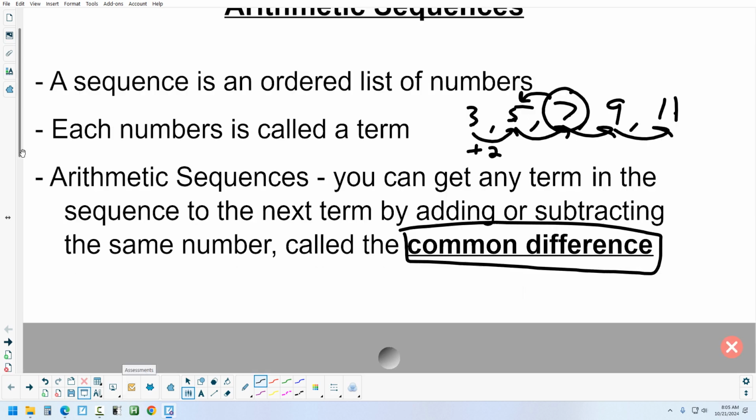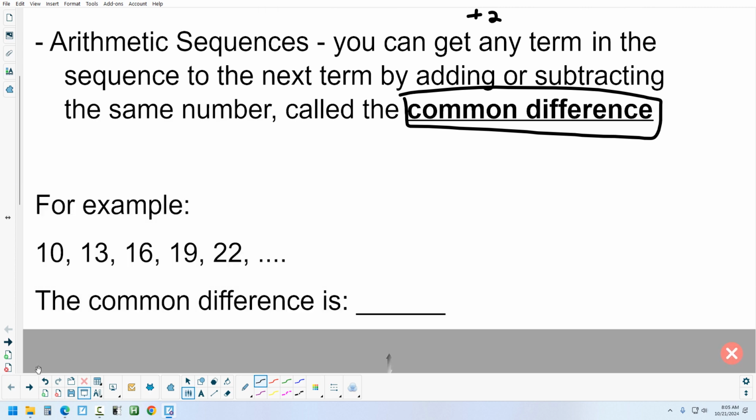Let's look at another one. Let's say you're not sure how to figure out what you're doing to get from one term to the next. Take any term you want, doesn't matter, just pick one, and subtract the one that comes before it. You should get the same thing all the time.